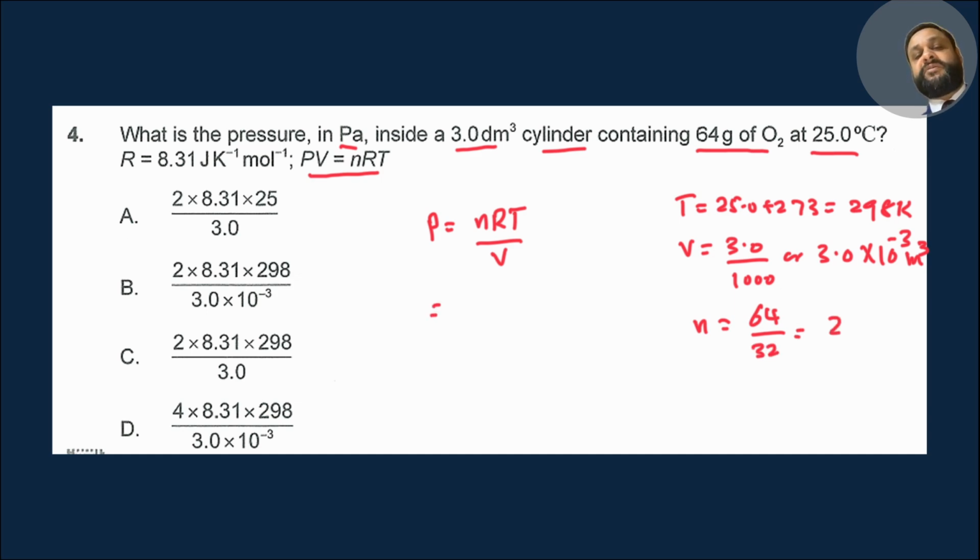Substitute these values in the equation: 2 times 8.31 times 298 divided by 3.0 times 10 to the power minus 3. So let's look at the options. No, temperature is in degrees Celsius. Okay. Volume is not converted into meter cubes. So B is the correct option.